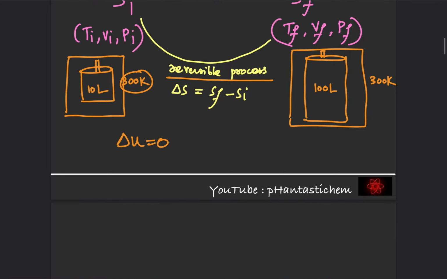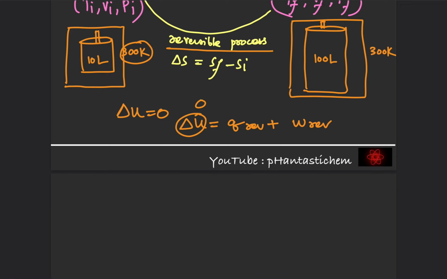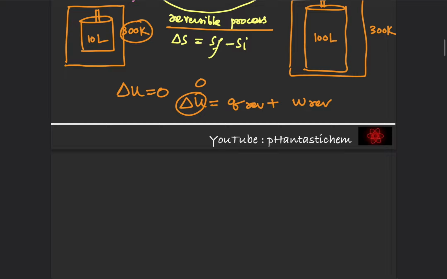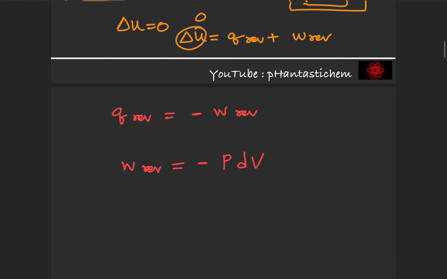We can write delta U is equal to Q reversible plus W reversible. Since this is equal to 0, I can write Q reversible is equal to minus W reversible. And we know that W reversible will be equal to minus P dV, right?